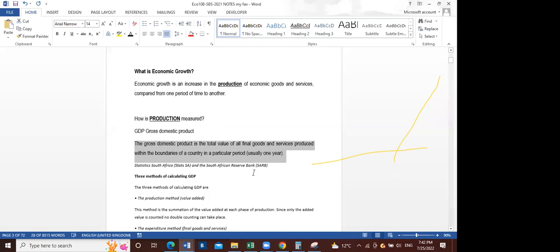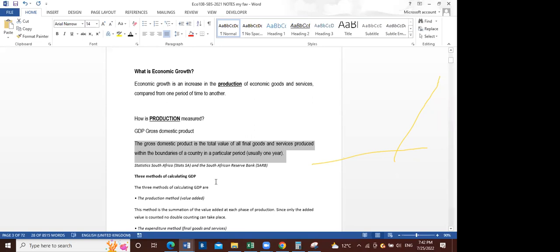And it is the duty of Stats SA, as well as the South African Reserve Bank, to compile these GDP figures and then present them from time to time, so that those that are willing to, or those that have need of the information in relation to GDP, can access them from their websites, etc. You can access the GDP statistics of South Africa from the Reserve Bank of South Africa website.